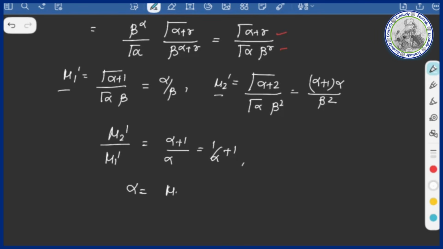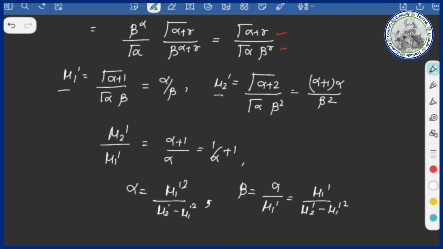So from here I get the alpha value, that is mu1 dash square upon mu2 dash minus mu1 square. And how will you get the beta? Just alpha upon mu1 dash, that is mu1 dash upon mu2 dash minus mu1 square.